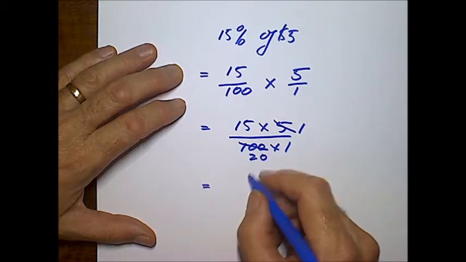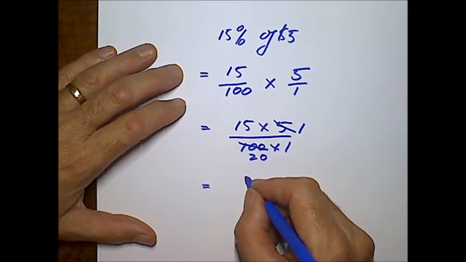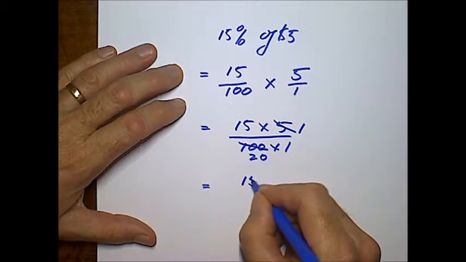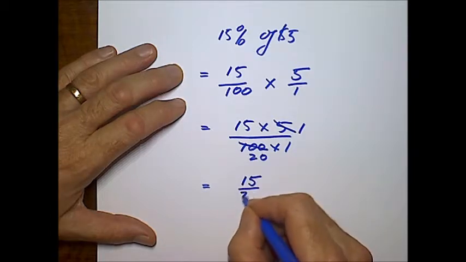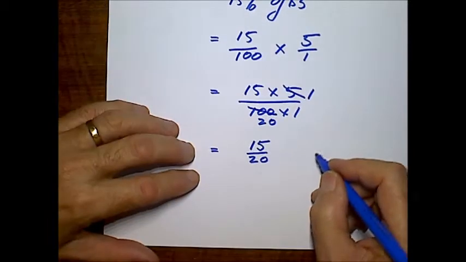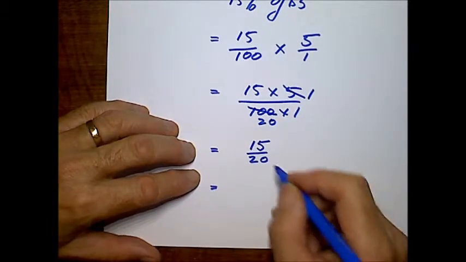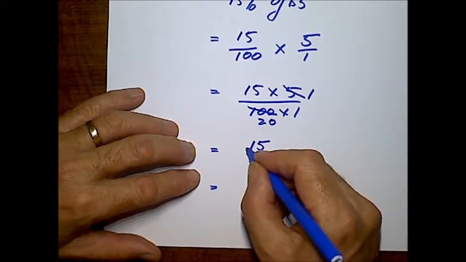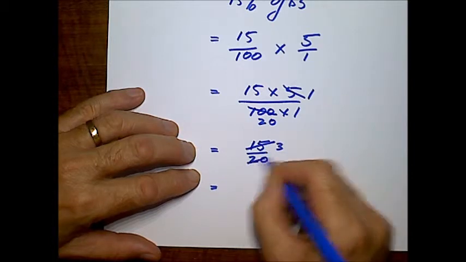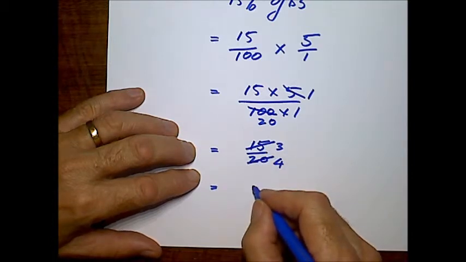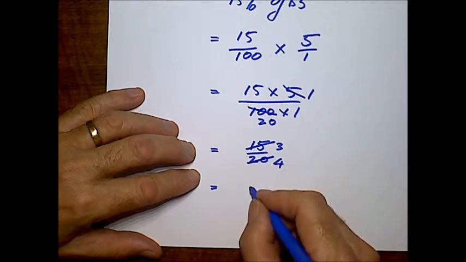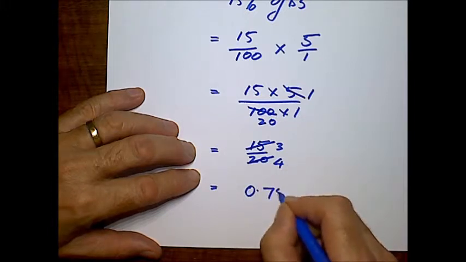So that would be equal to 15 over 20. And we can recognise here we have a common factor of 5. 5 into 15 goes 3. 5 into 20 goes 4. So it's going to be equal to 3/4, which is equal to 0.75.